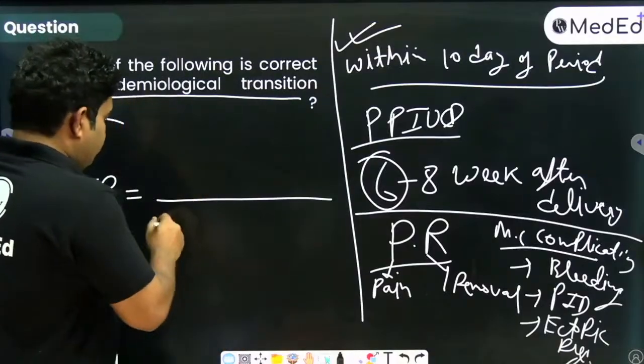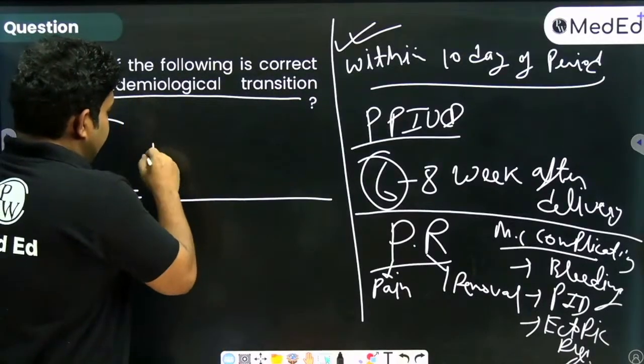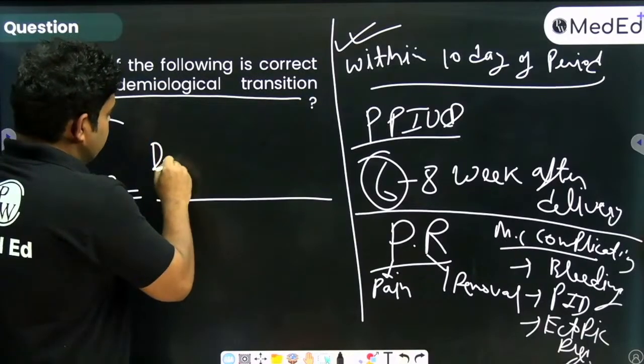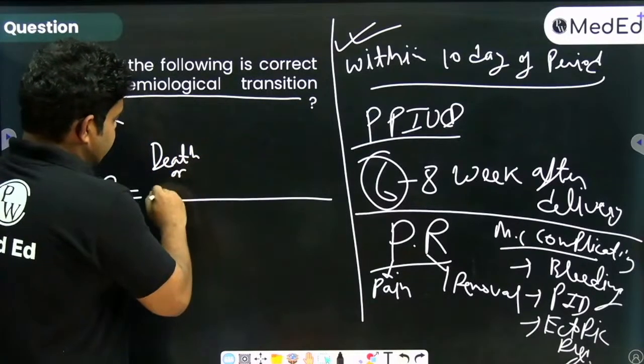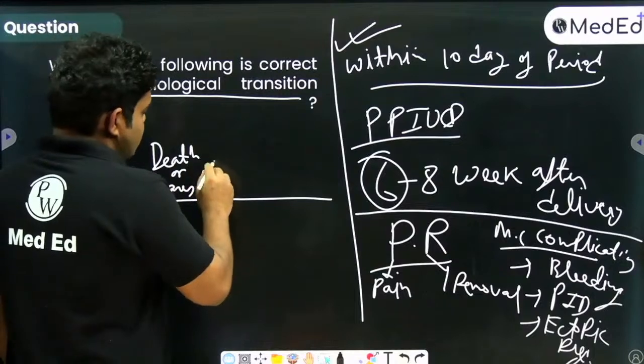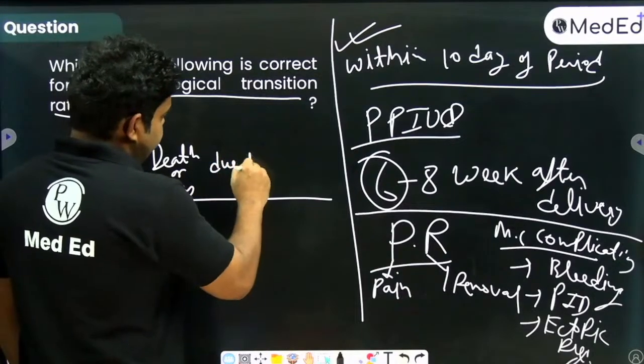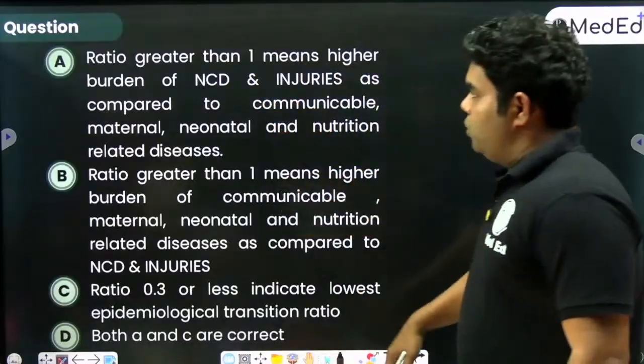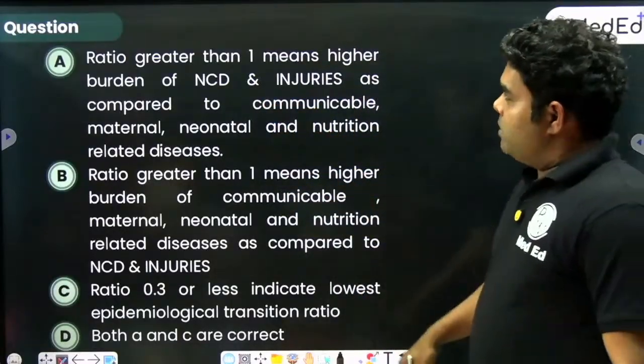Let me write it down properly: in the numerator, we write deaths or cases due to... Let me show you the questions also, the options and the definitions.